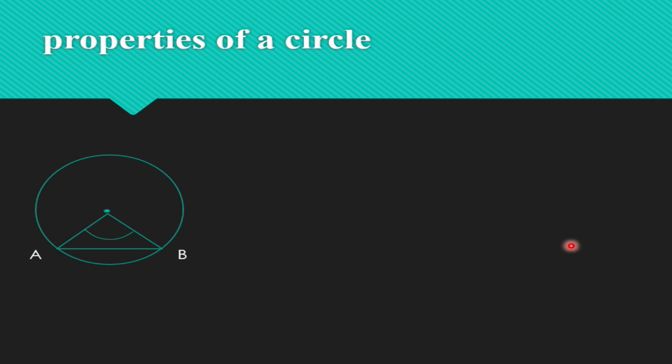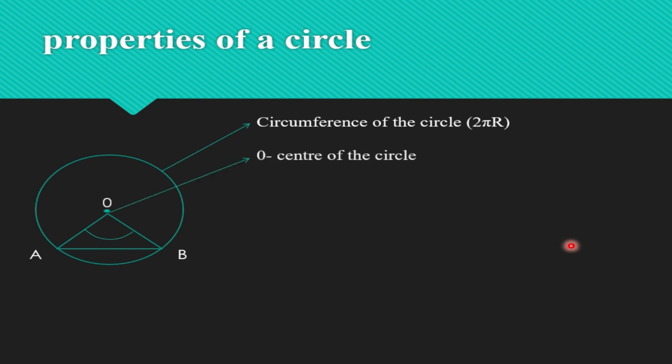So we want to look at some properties of a circle. Before we can deal with global mathematics, just like we said, some imaginary lines, we need to know the properties of a circle, since global mathematics is dealing with properties of a circle. And so the round thing we have seen is the circumference of the circle, which is given as 2 pi r, and then we have the center O, we have the radius. Any line that is subtended from the center to any part of the circumference is called a radius.